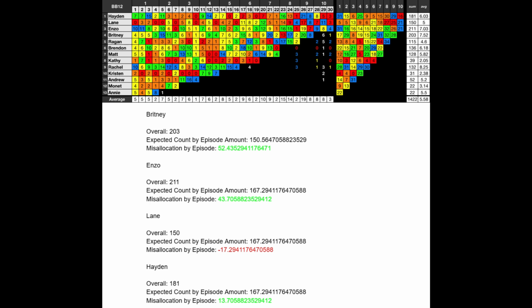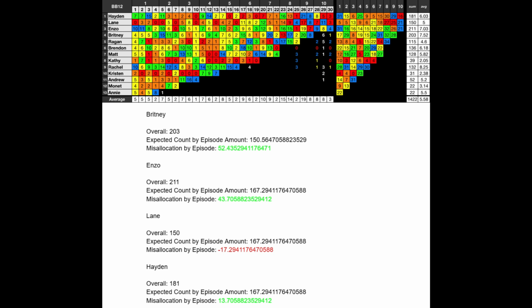This causes him to have a 43.7 misallocation by episode amount. And what's interesting about him is that he was never HOH throughout the season, unlike his allies. And it says a lot that he has so many more diary rooms than his other brigade allies that made it to the end. But I think it's because they generally found him to be more interesting and a better narrator.